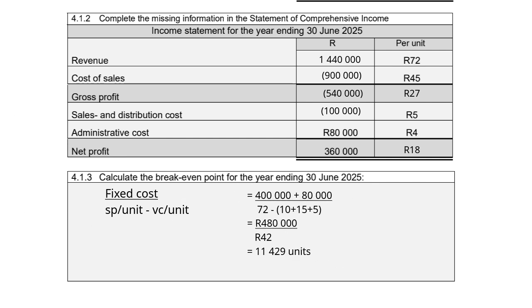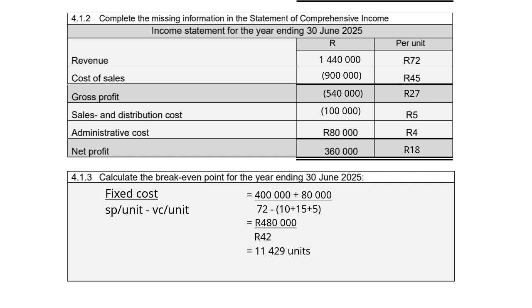So if we do the calculations, our factory overheads was 400,000 Rand, our admin cost was 80,000, our selling price per unit is 72 Rand, and our variable cost per unit, our direct materials is 10 Rand, our direct labor is 15 Rand per unit, and our sales and distribution is 5 Rand per unit.